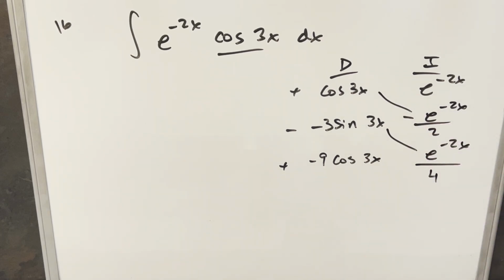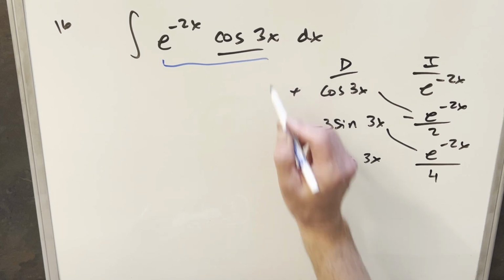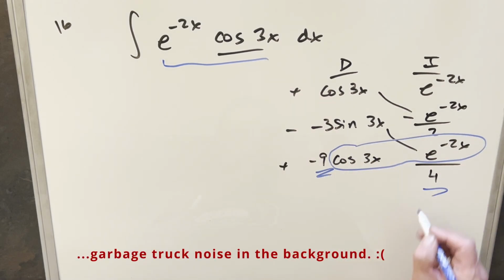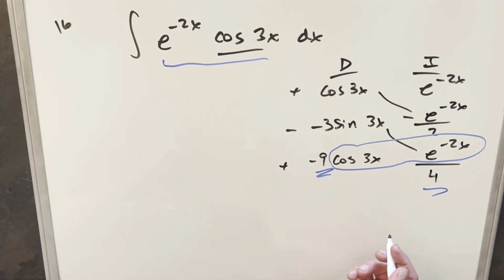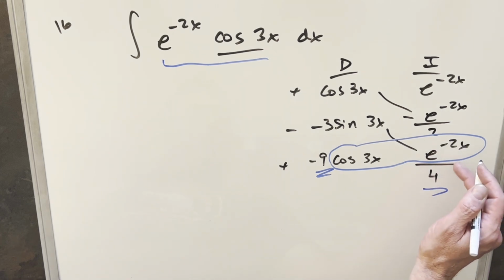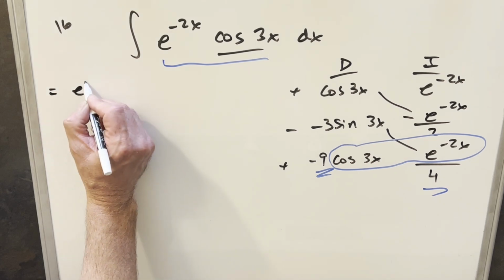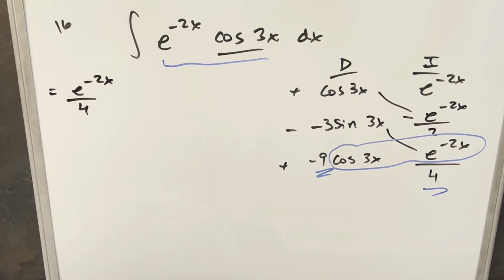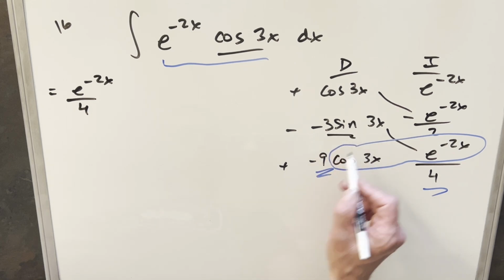Now when we do this, we have part of the solution on the diagonal. But then with this last one, we basically get our integral back just with some constant values, right? We're going to have to deal with this. So when I do this, I'm going to factor out e to the minus 2x over 4. Yeah, let's do it like that. And then what's going to happen is this one's going to be positive.